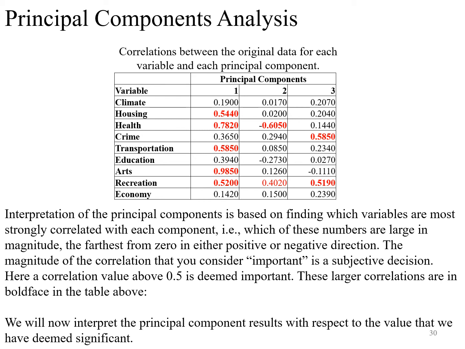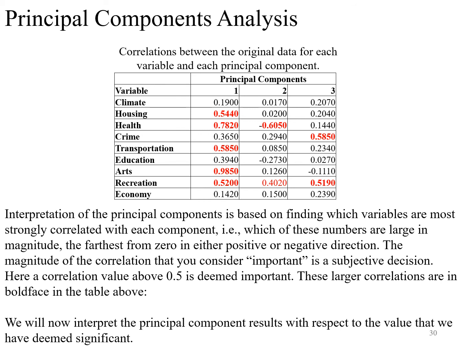Okay, so the variables that contribute to the first principal component include housing, the availability of healthcare, transportation, the arts, as I said, and recreation. So this is what makes up that first principal component of a desirable community.